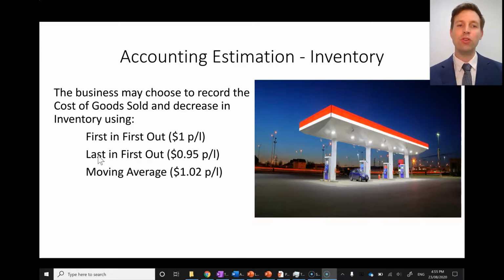Alternatively, we could use last in, first out, which would say whichever petrol was filled up last gets sold first. So we'd assume the customer paid 95 cents per litre for this particular purchase, or they could use an averaging approach. Now, different regulations around the world allow different methodologies. For example, last in, first out is allowed in the US, but is not allowed in international financial reporting standards.